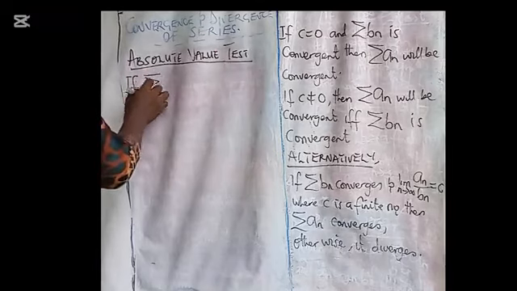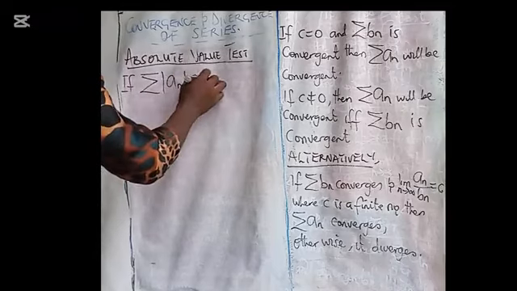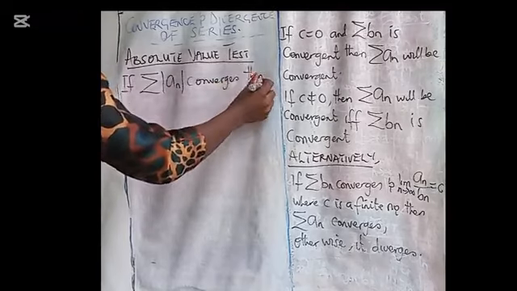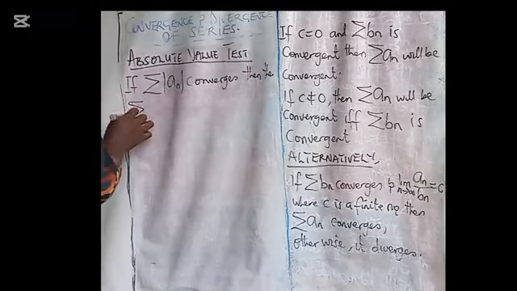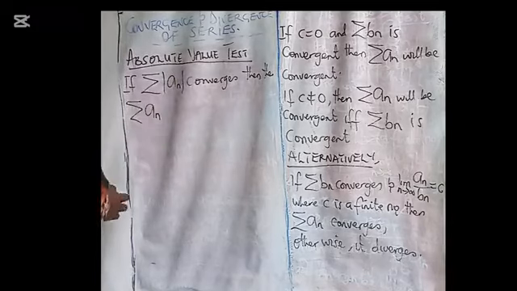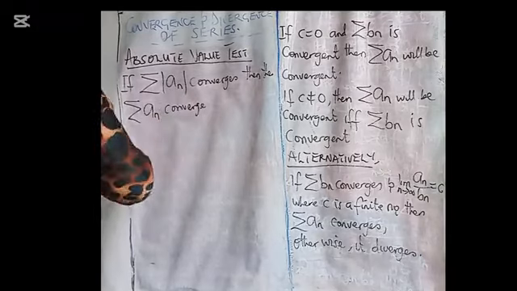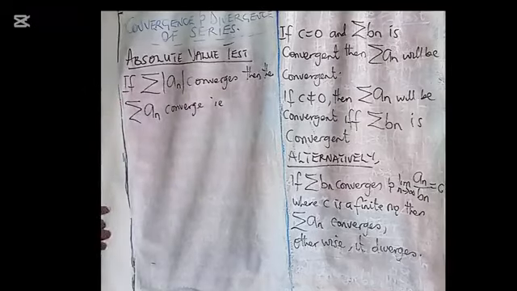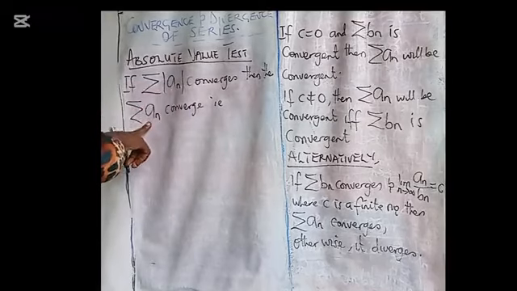If the summation of the absolute value of a sub n converges, then the summation of a sub n will also converge. That is, if the absolute value of the series converges, then the original series also converges.